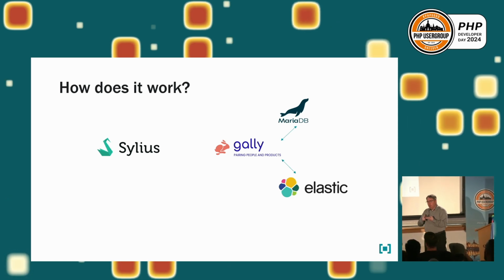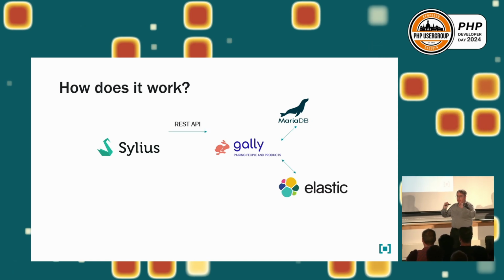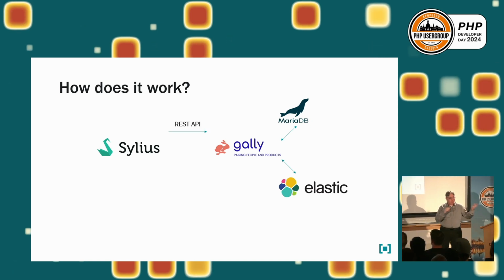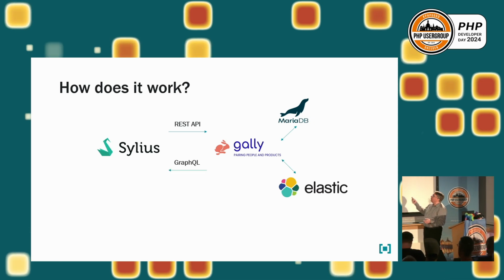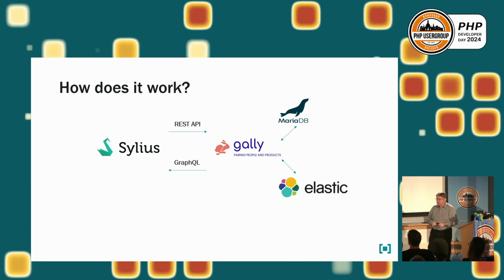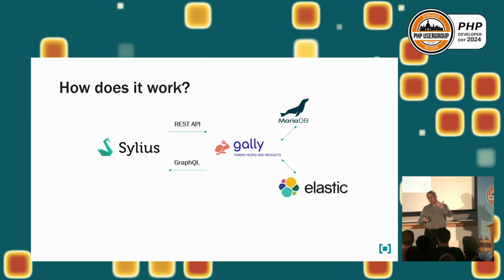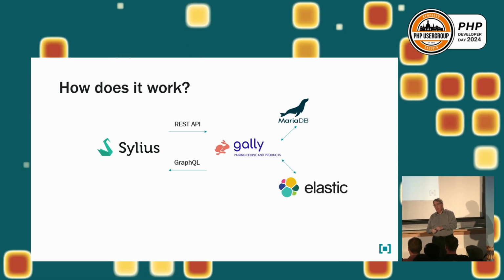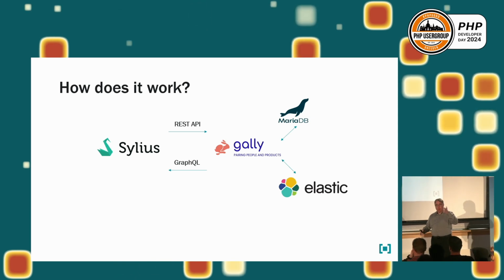And there are two ways to communicate with Galley. So one thing, we are pushing the data in via REST API. That's why we have the API platform. If we want to query the data, there's a GraphQL interface for that. Why GraphQL? Well, a search can be quite complex regarding different filters, regarding aggregations, regarding Boolean logic.